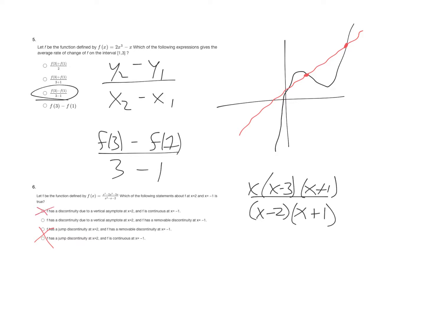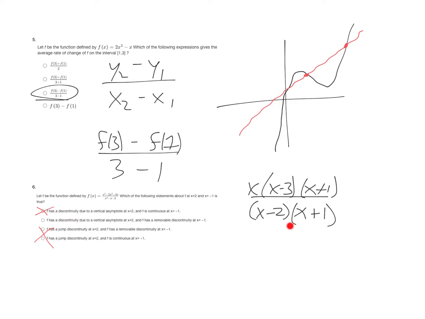But since we're here to explain and make sure we can do this on the test, let's make sure we're clear on why it is, in fact, a vertical asymptote at 2 and a removable discontinuity at negative 1. Because if I plug in negative 1, the denominator is going to be 0, and so is the numerator.